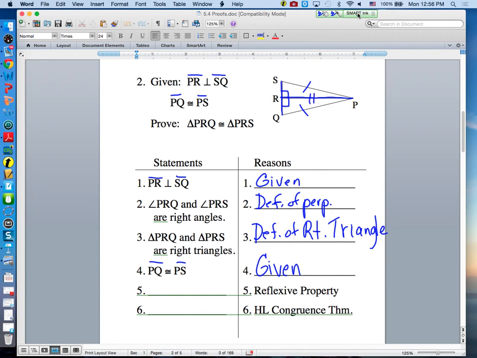RP congruent to RP, segment RP congruent to segment RP. And it says we have the hypotenuse leg congruence theorem. Do you agree with that, looking at what's marked on the picture? Yes? So what does that support?